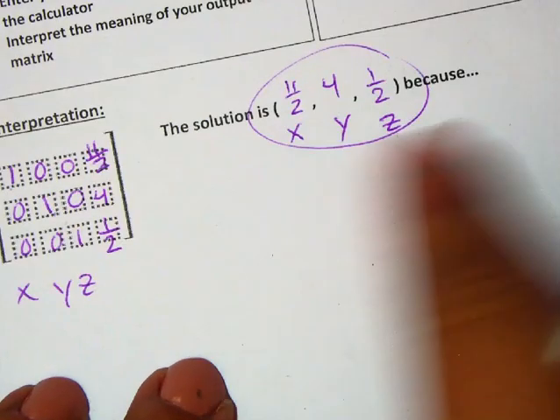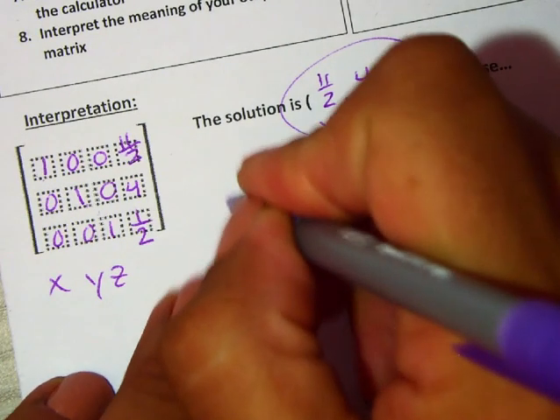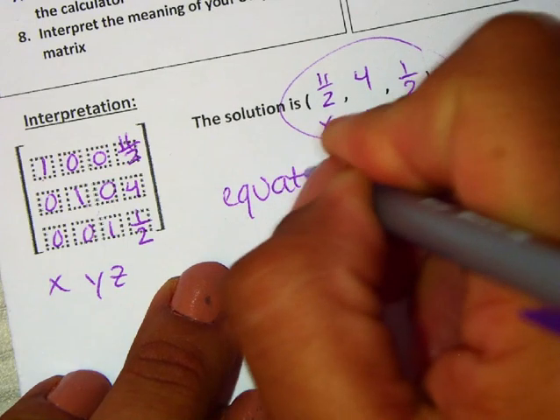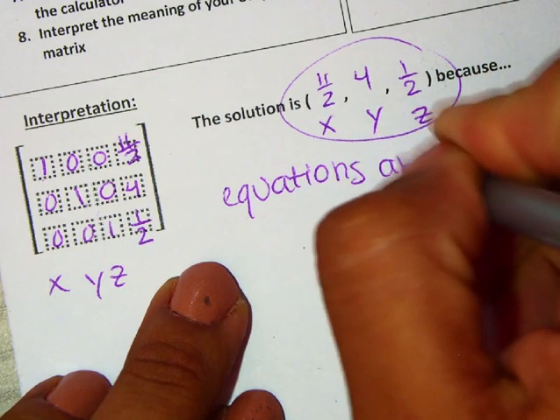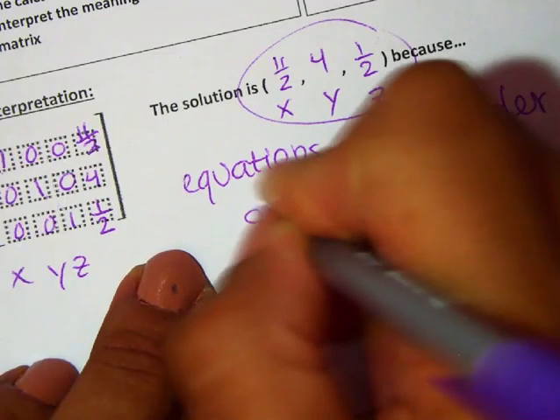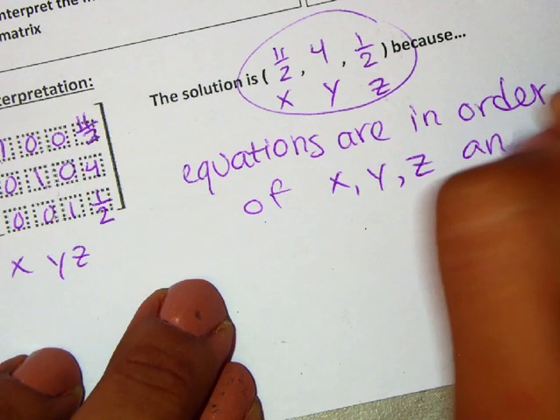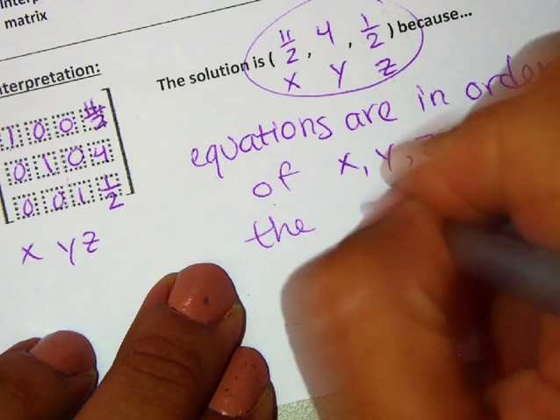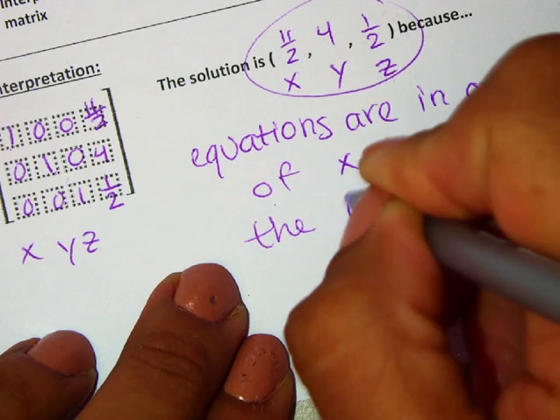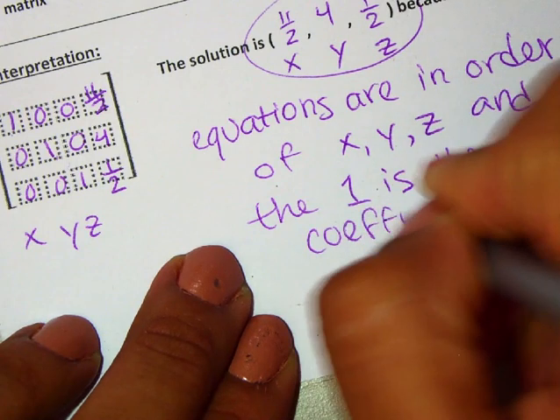So as far as justifying y, you can always put that because equations are in order of x, y, z, and the 1 is the coefficient for each variable.